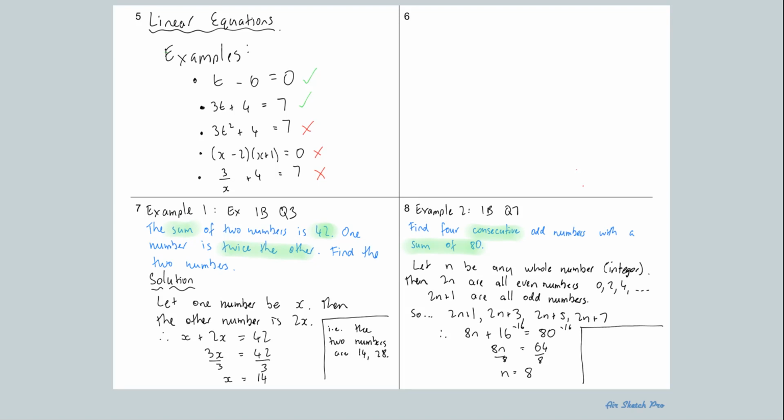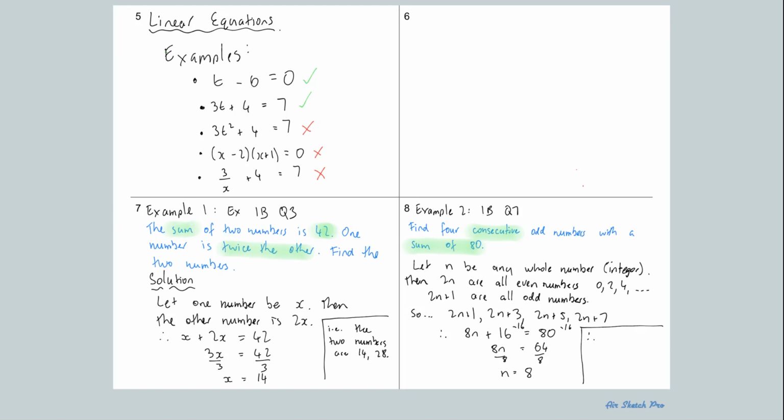Remember to answer the question. It didn't say to find out what n is. n's basically just our starting position. It's the 8th odd number along. So we substitute 8 into n here and work out what our first odd number is going to be. 2 times 8 is 16, plus 1 is 17.